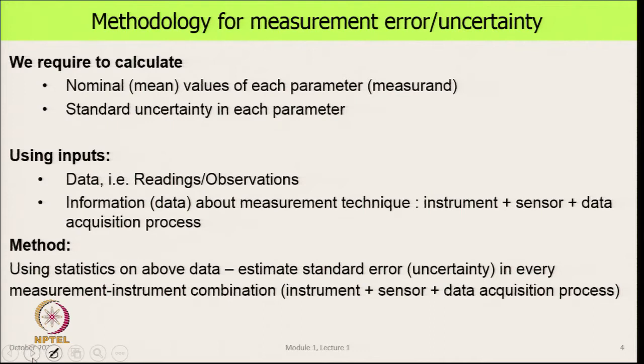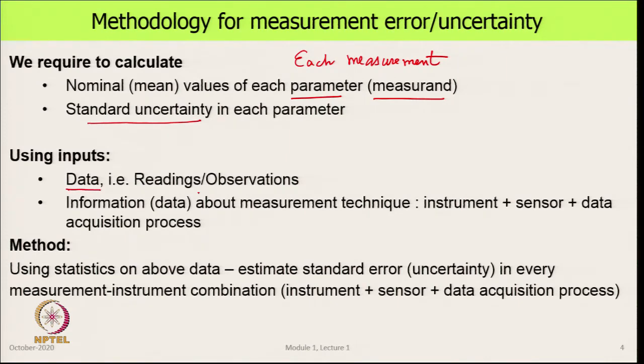So, what we want to do now is, for each measurement, we want to calculate the mean value of each parameter, which we shall also call a measurand, and we need to calculate the standard uncertainty in each parameter. And for this, we use two pieces of information.